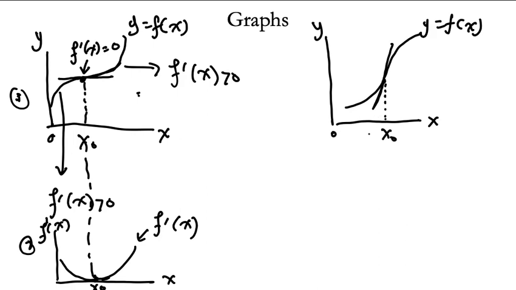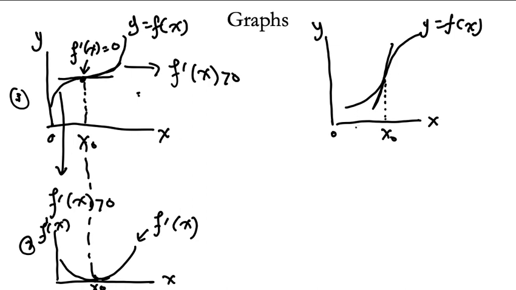Any value of x before x naught, you can see the curve is increasing. Same goes to any value after x naught, the curve is increasing as well. However, the curvature is not the same. Now, when the curvature is not the same, that means the slope itself is not the same, isn't it?